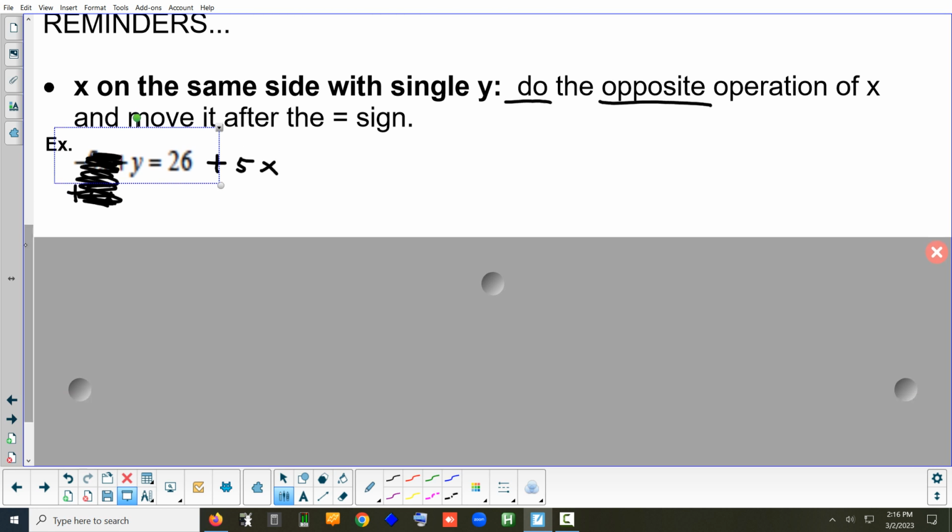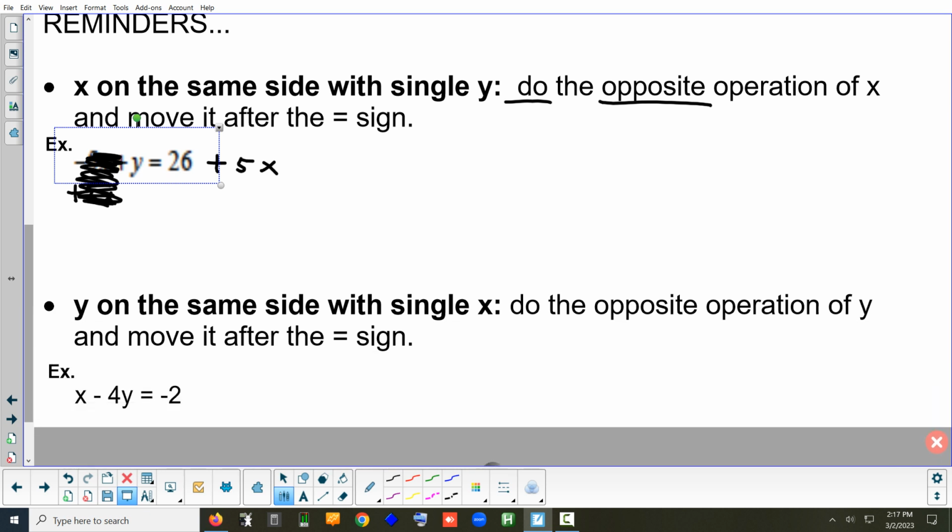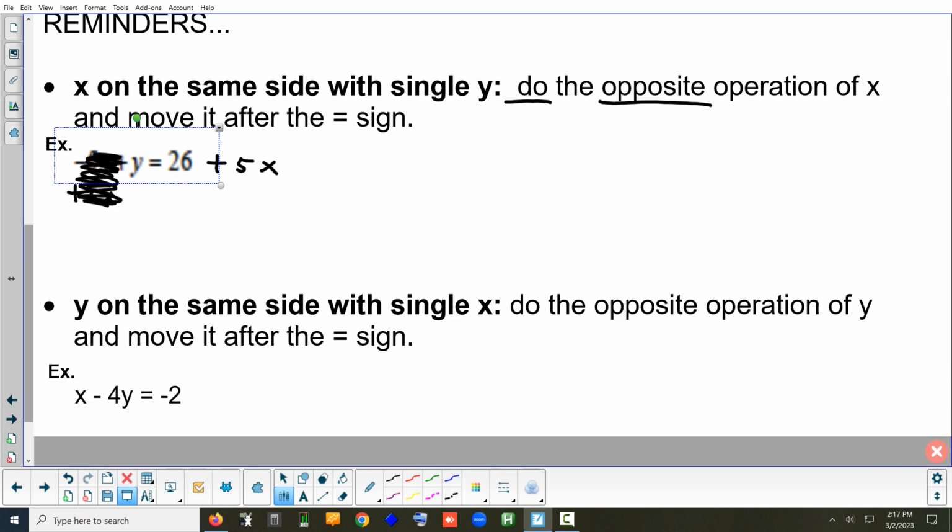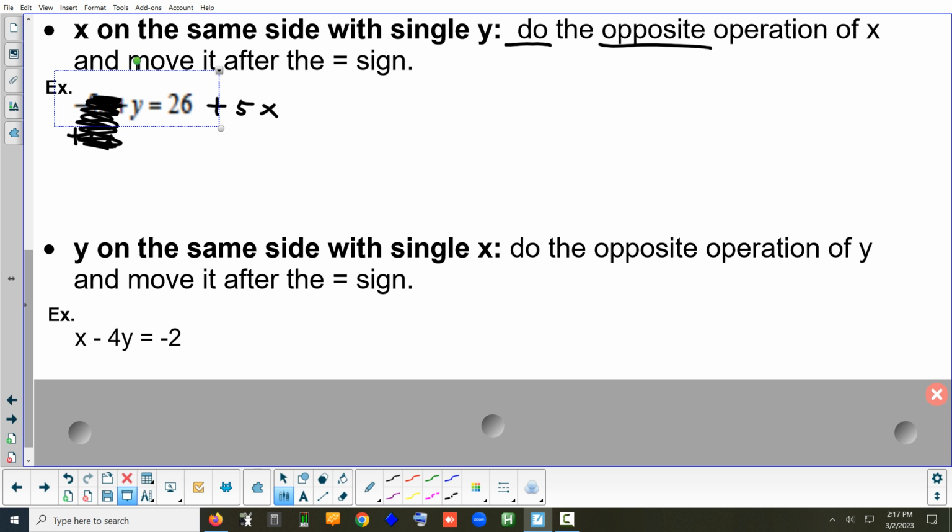Let's look at another one like that. Let's say that instead of getting the y by itself, you want to get the x by itself. So look at this side and figure out what's not supposed to be there. It's basically the exact same thing you just wrote up above.